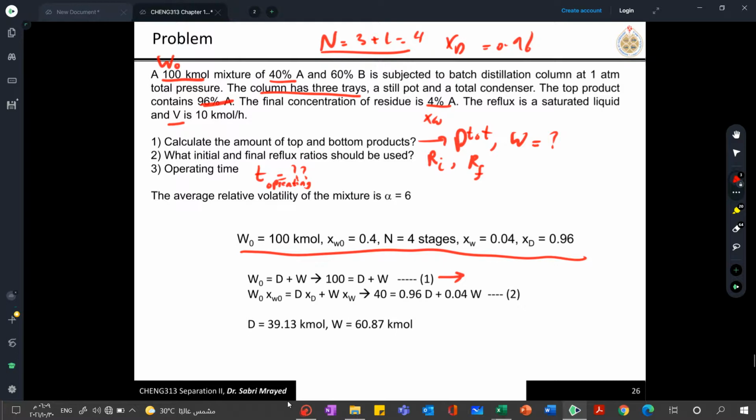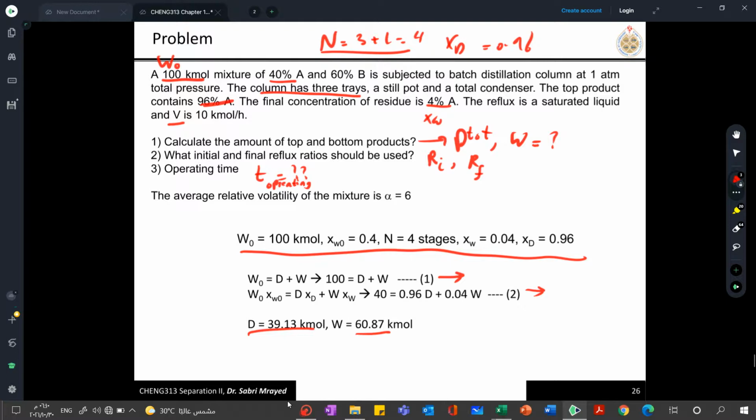Then solve the two equations simultaneously, or with the calculator, and you will get the value of D and W, which is 39.13 kilomole, and W is 60.87 kilomole.